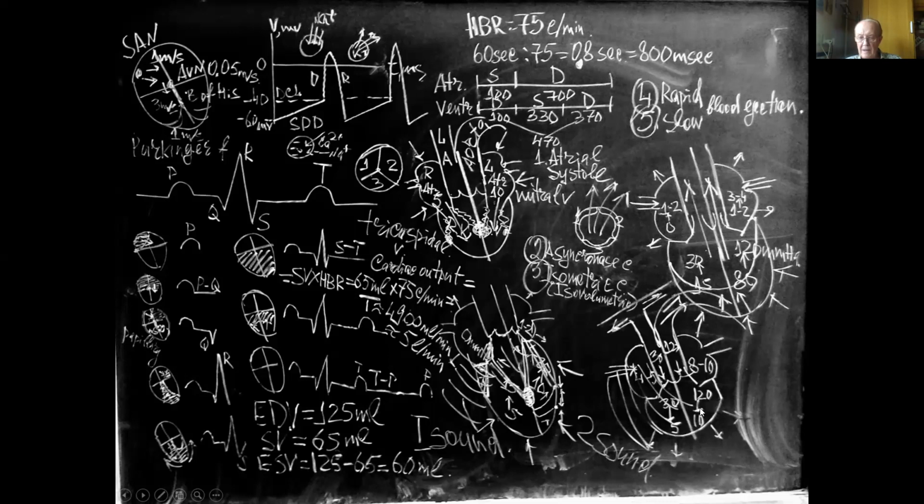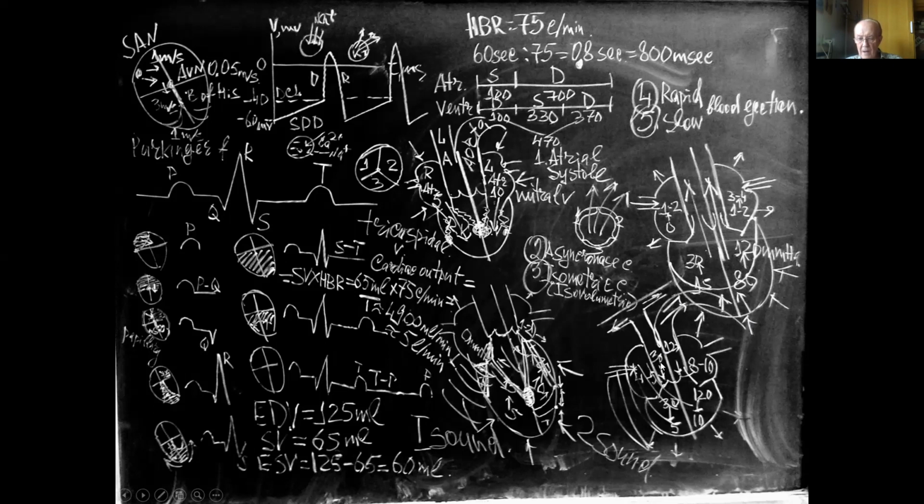The blood flows, the pressure reaches from 80 to 120 millimeters of mercury in the left ventricle. In the aorta, this is the systolic blood pressure, 120. And the blood flows to the arch, to the aorta, to the capillaries in the different viscera and tissues.